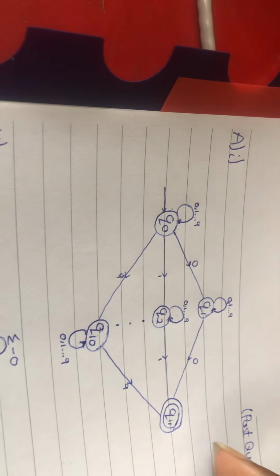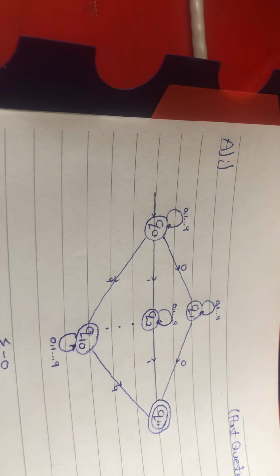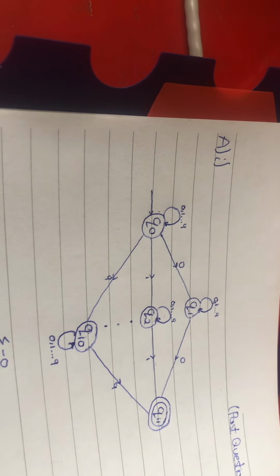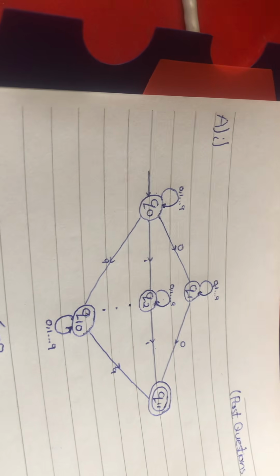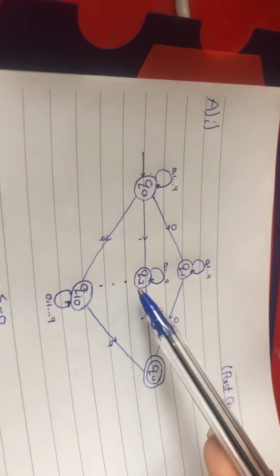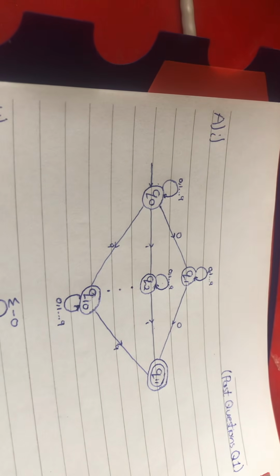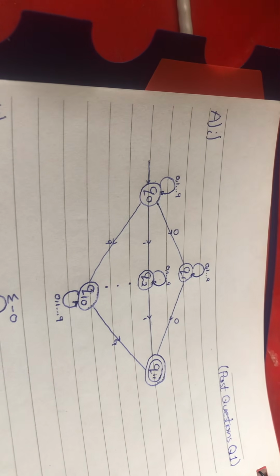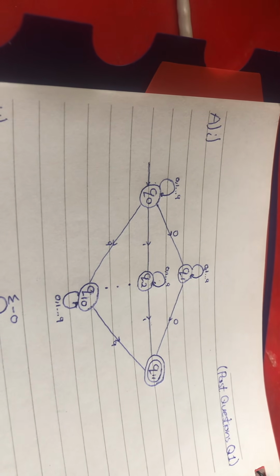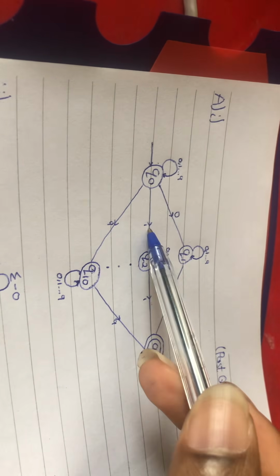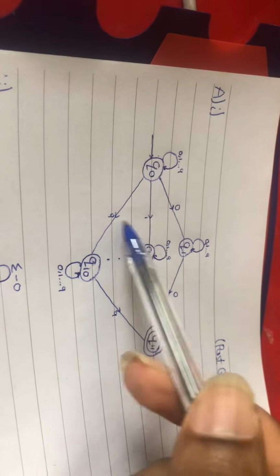At Q0, when we see 0, you will see I made some ellipses between the sides here. The ellipses are there because I have to do it for 0 up till 9: 0, 1, 2, 3, 4, 5, 6, up to 9.